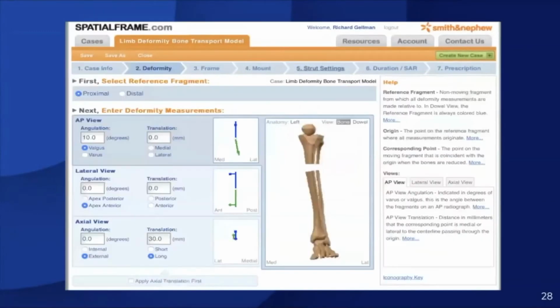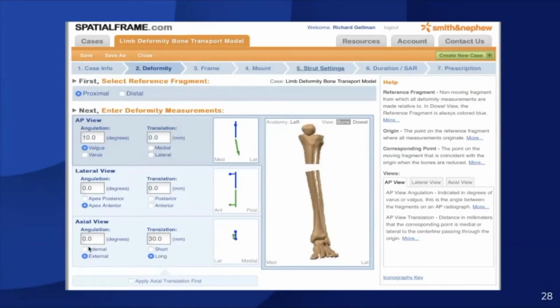Then here is where you tell the computer the deformity in the bone. So it's just like you would read off an x-ray. AP view will show you a varus or valgus angulation and or a medial lateral translation. Lateral view, apex anterior or posterior deformities for angulation, and then anterior or posterior translation.